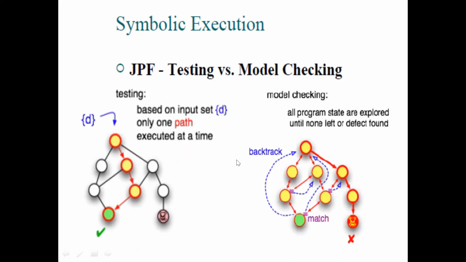So while performing the backtracking kind of process, we'll try all the combinations. This combination also we'll try, and this combination also, and this combination also. And while trying all the possible paths, we are finding a bug in a particular termination state.